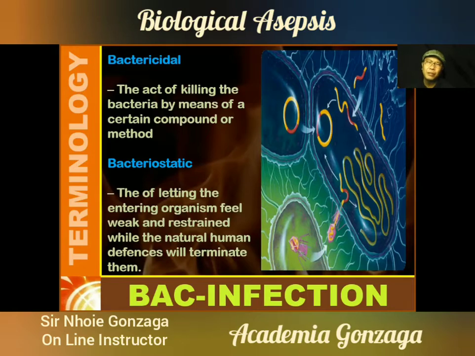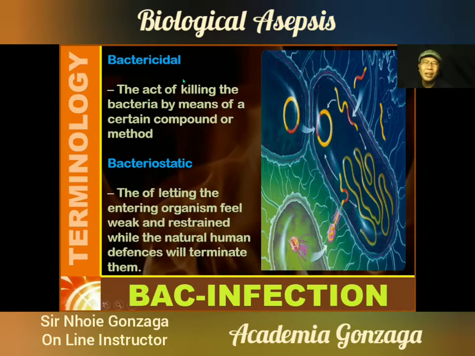If the body puts in a bactericidal effect, the body kills the bacteria right away. However, there are instances when bacteria enters the body and then some of our immune system weakens the bacteria. Some of our medications weaken the bacteria so that our immune system can definitely defeat the bacteria because this bacteria might be very strong. So you call that effect bacteriostatic.